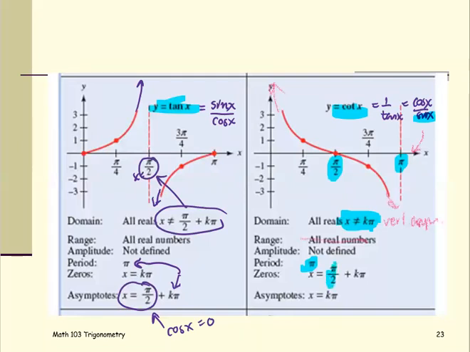So the first x-intercept is pi over 2 and then added by the multiple of pi because the period is pi for cotangent x. The asymptote, where the graph has the vertical asymptote, is wherever sine of x equals 0.